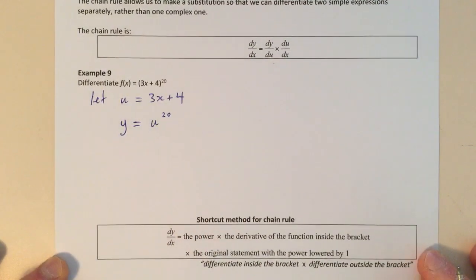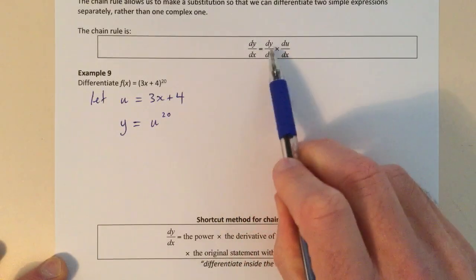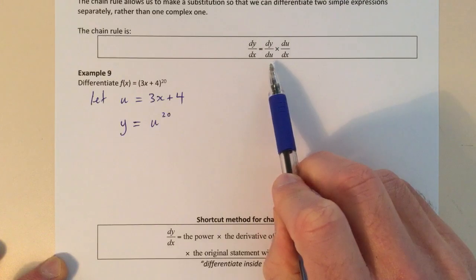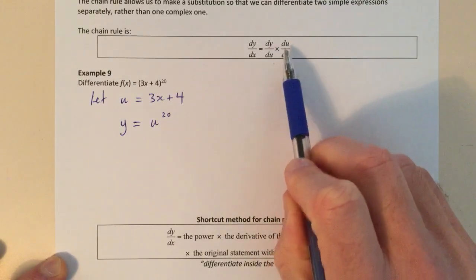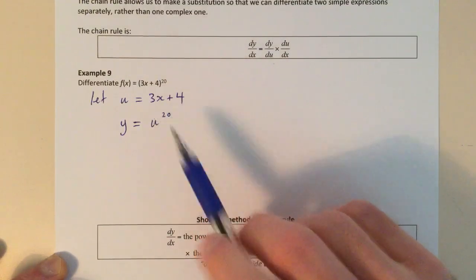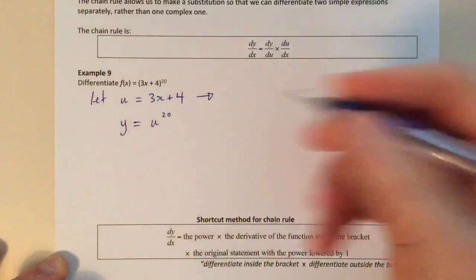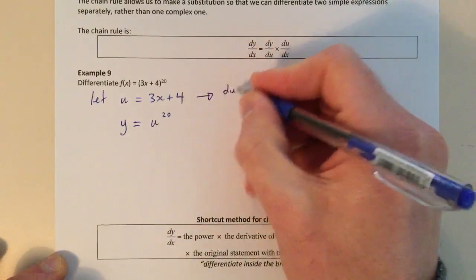Okay, now in the chain rule, the two pieces I need are dy du, which is the derivative of y with respect to u, and du dx, which is the derivative of u with respect to x. From this first one, if u equals 3x plus 4, I can work out du dx, no problem.